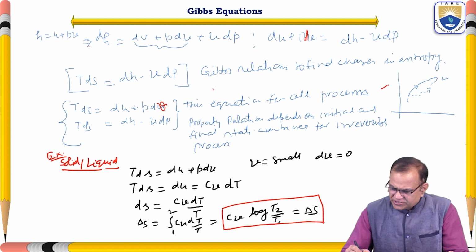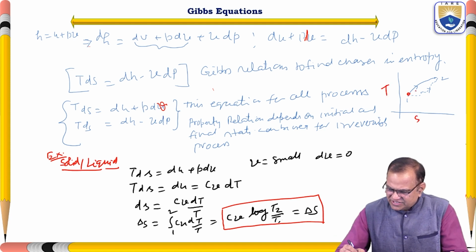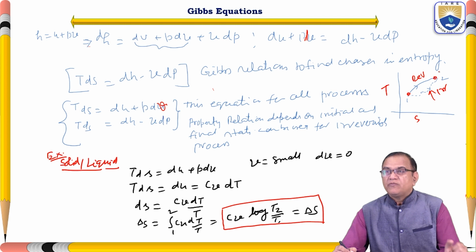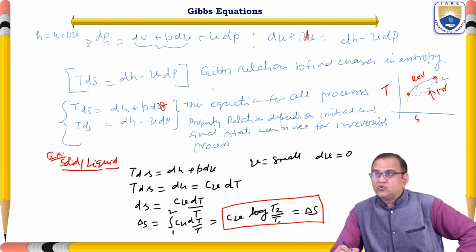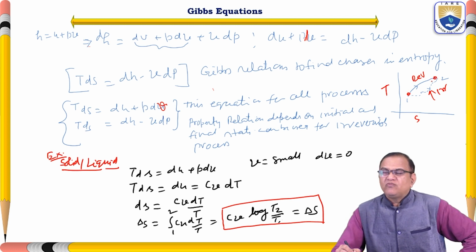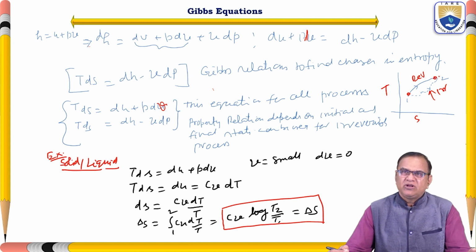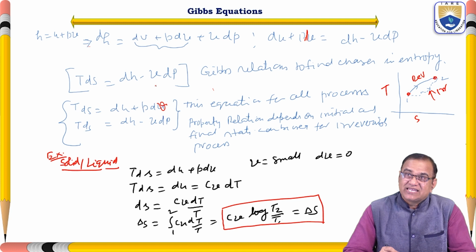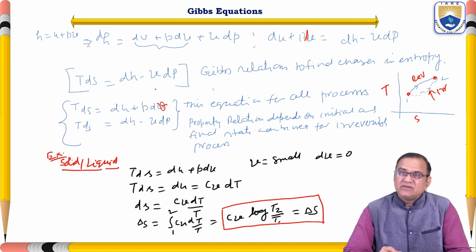In a TS diagram, this is the reversible path and this is the irreversible. Once you find states 1 and 2, the relations will be applicable for the irreversible process also, and this was derived by Gibbs.